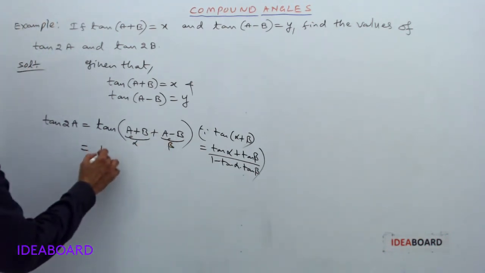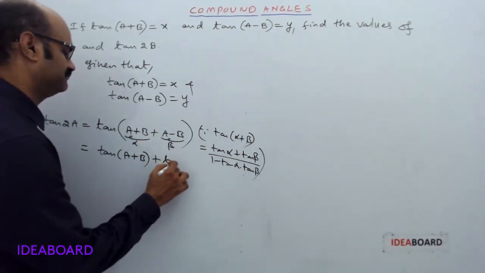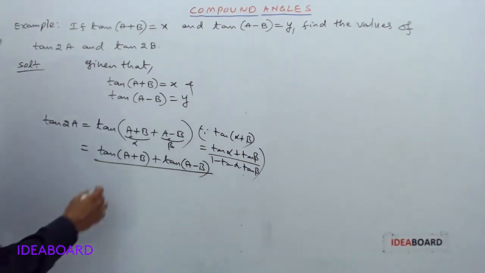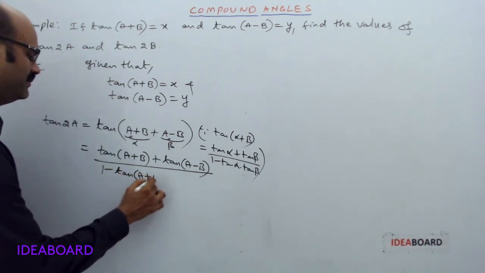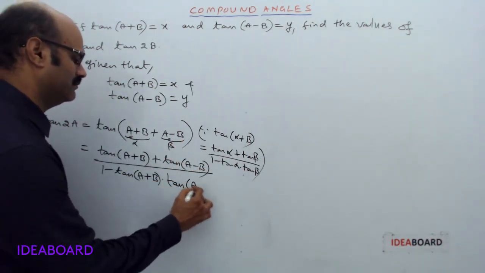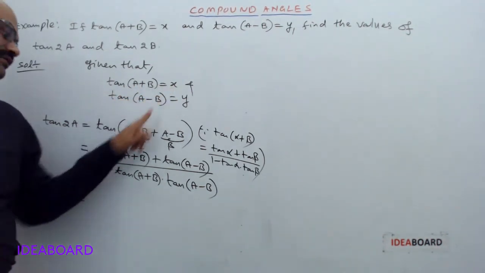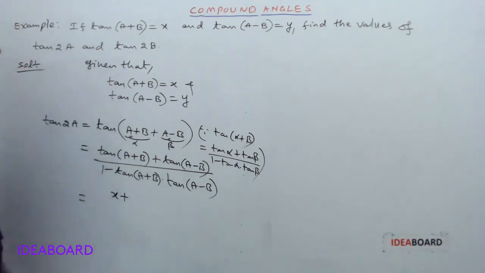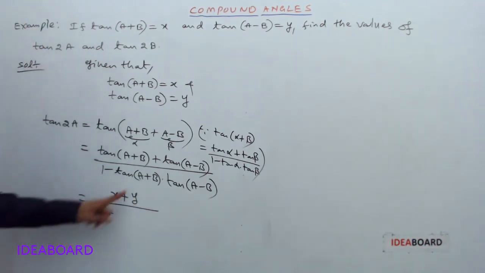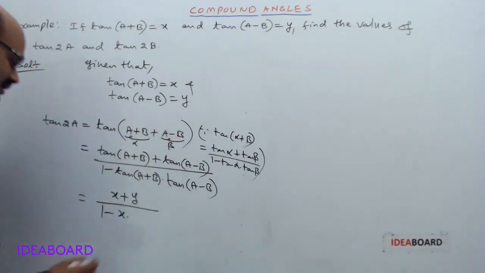So it equals tan of a plus b, which is x, plus tan of a minus b, which is y, whole by 1 minus tan of a plus b, x, into tan of a minus b, y.